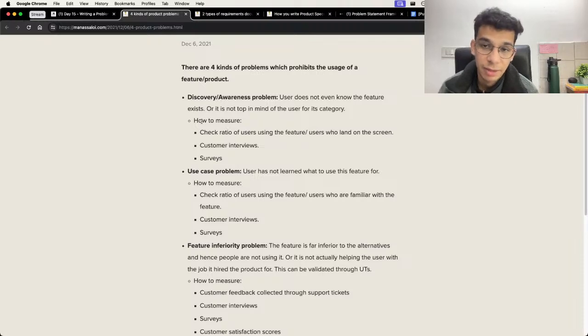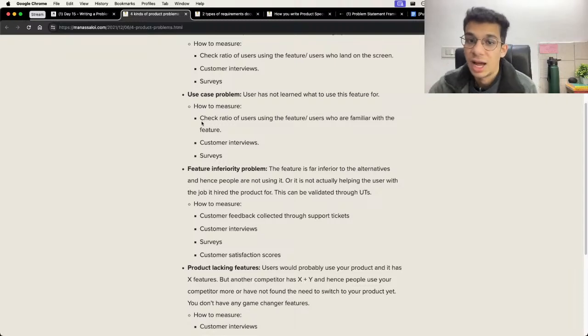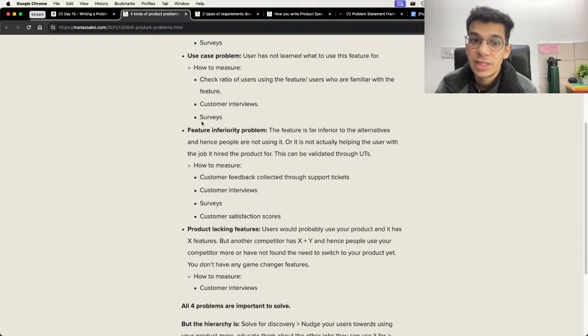Feature inferiority problems, right? The lower we get on the list, the harder the problems are to solve. The feature inferiority problem is that your specific feature is inferior or does not have the amount of extensibility or customization that the alternatives provide, right? So how do you measure that?